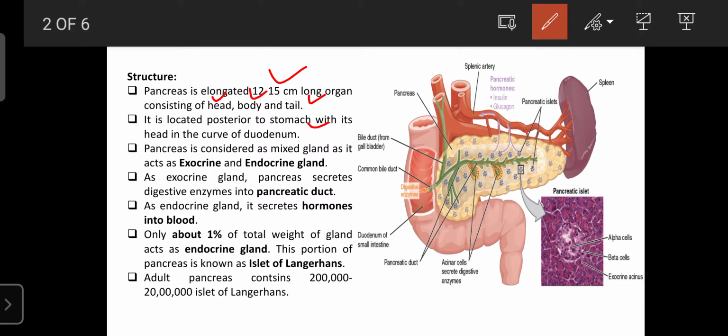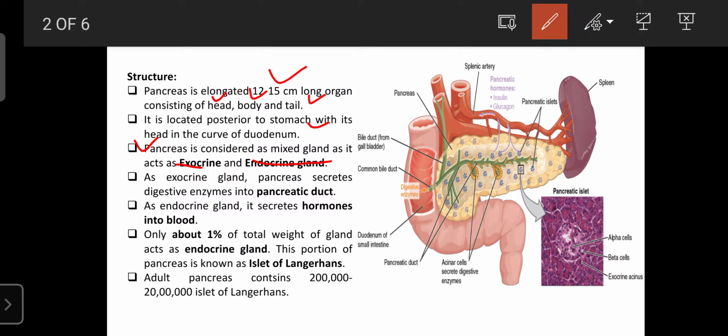Dear students, the pancreas is considered a mixed gland because it acts as both an exocrine as well as an endocrine gland. It secretes digestive enzymes that are required for the digestion of food in the duodenum, or small intestine, or in the GIT.